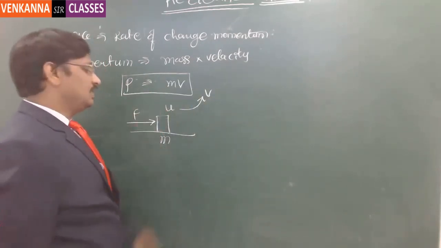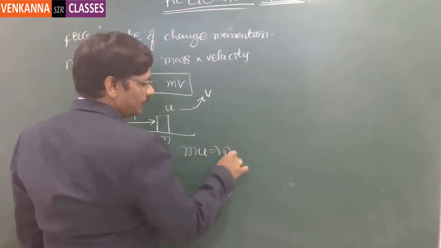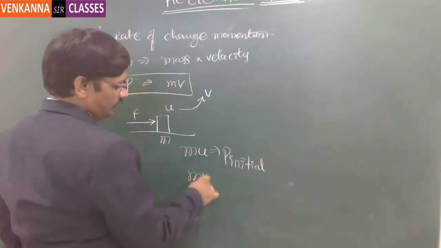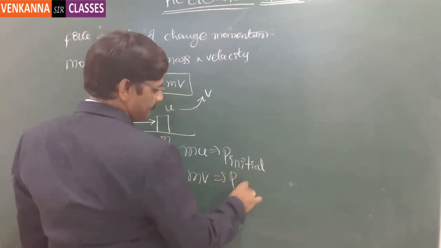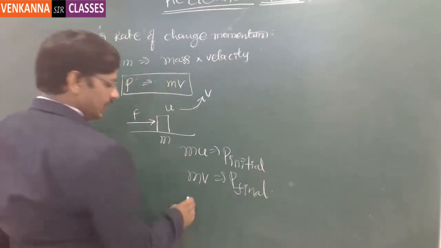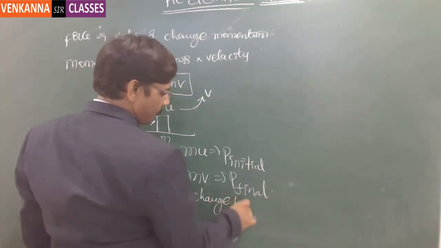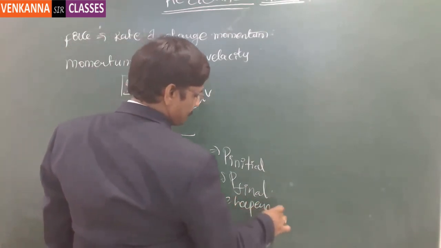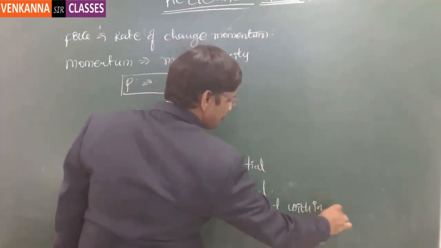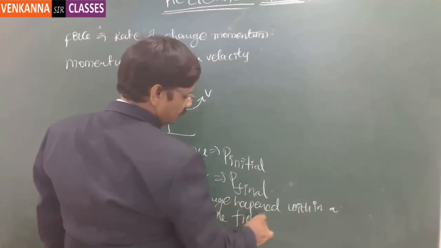That means the initial momentum is m into u, and m into v is the final momentum. This change happened within a time delta t, from t1 to t2.